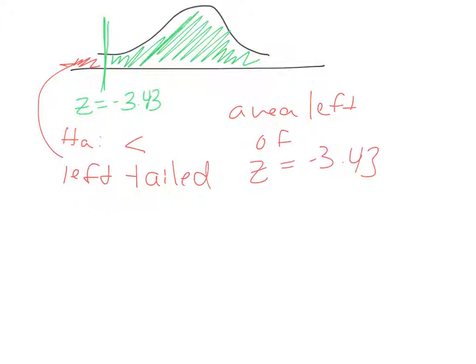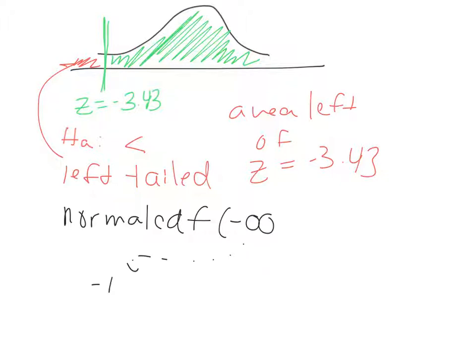So again, we could use our standard normal table, but I am going to be using my calculator's normal CDF function. For that, we want to start counting area all the way to the left, which is negative infinity. Remember, if your calculator doesn't accept negative infinity, type in negative 1 times 10 to the 99th, the biggest negative number that our calculator can handle.